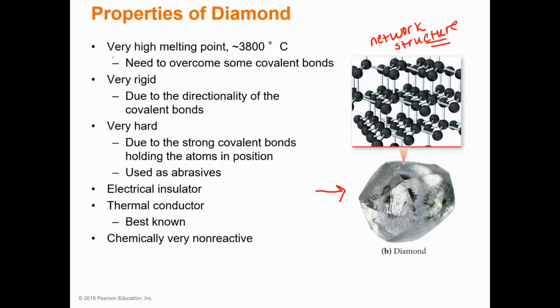So we know that diamonds have a very high melting point. They're very rigid. They're very hard. In fact, we use diamonds as tips and tools, like for tile cutting. Diamonds can be tipped on the blades of circular saws to cut very, very hard stone like granite or marble. Well, marble's pretty soft, but granite, for example, like kitchen counters, a lot of those tools they use to do all those kitchen counters are diamond tipped because they're so very hard.